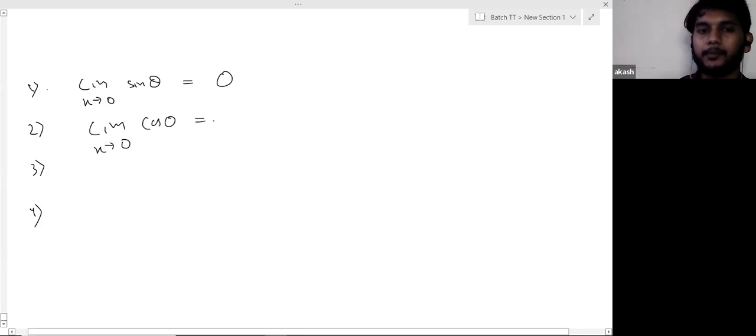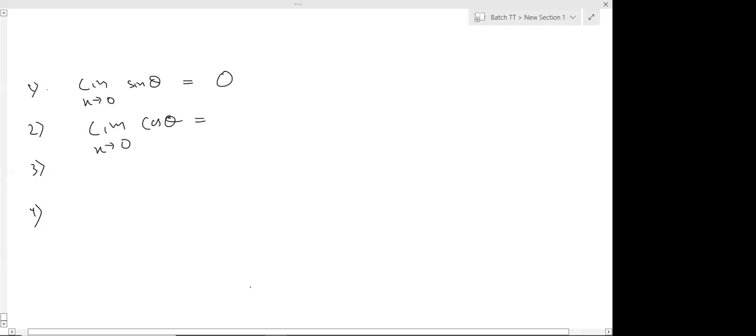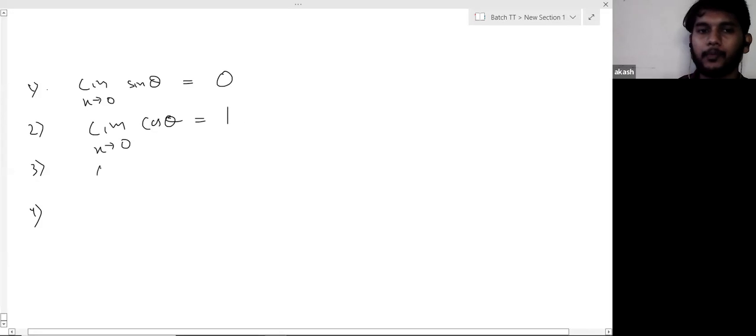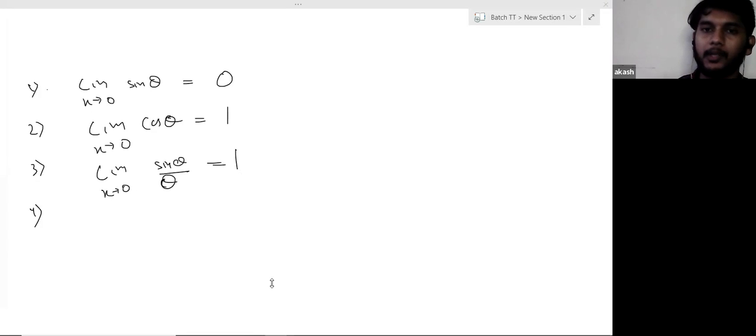And what is cos 0? 1. Right. So these two you already know. Limit x tending to 0 sine theta upon theta is also 1.